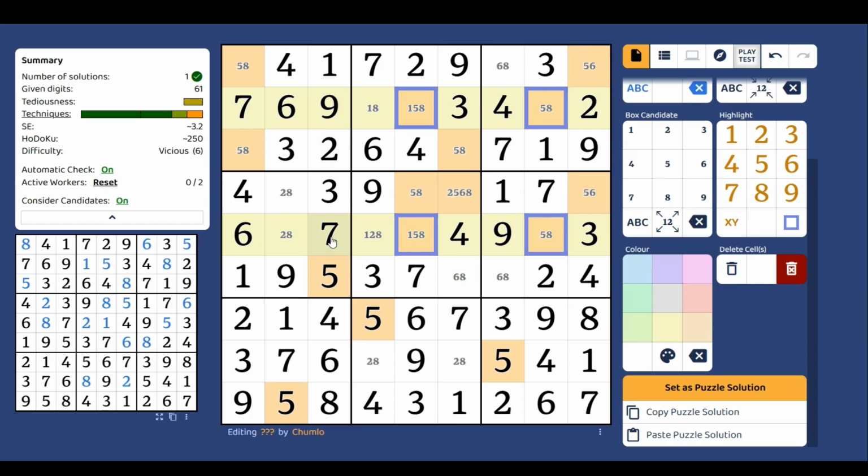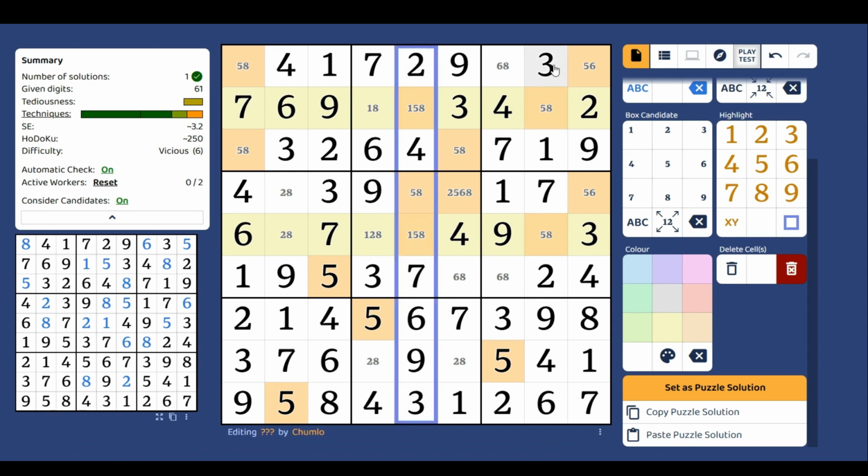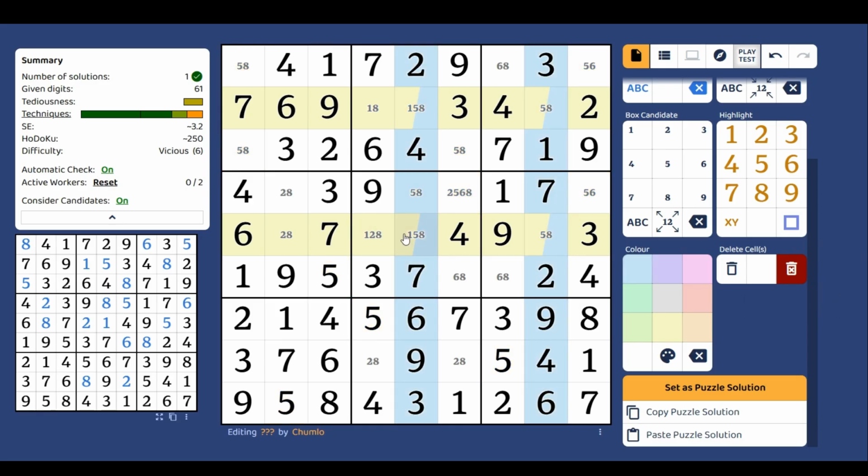So the trick with fish is finding another way to cover those base candidates using the same number of sets. So in this case, it would be 2 sets. So you'll notice if we look at columns 5 and column 8 here, I'm going to highlight those in blue. Those cover our base candidates, and so those are going to be called our cover sets.